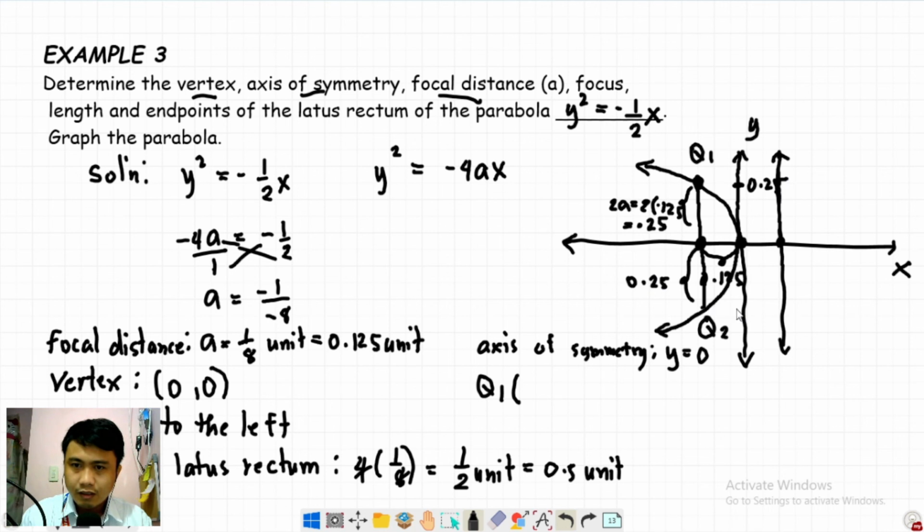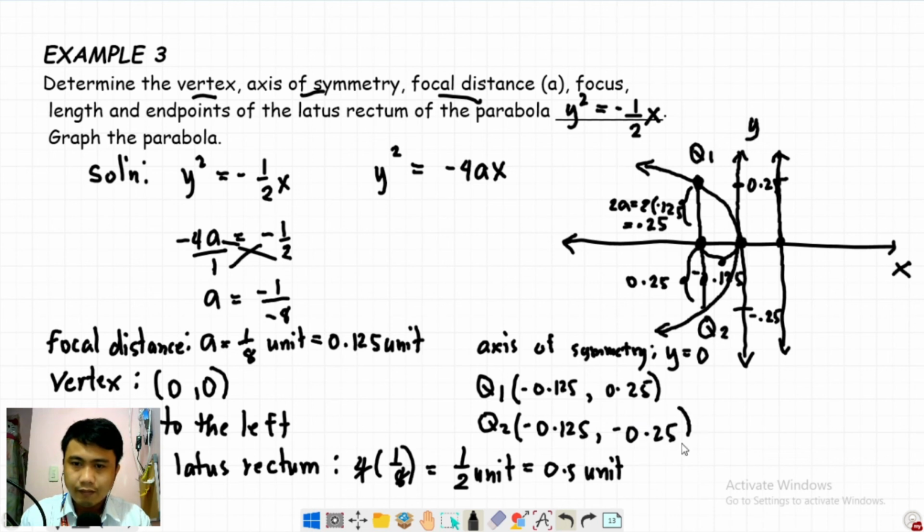This means our Q1 is negative, it's on the left, negative 0.125, comma 0. For Q2, the x-coordinate is also negative 0.125, and the y-coordinate is negative. And so we have here the endpoints.